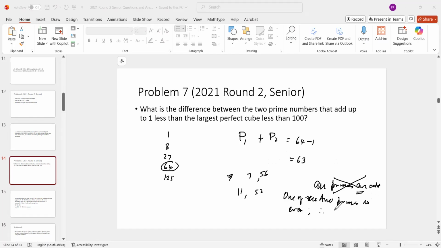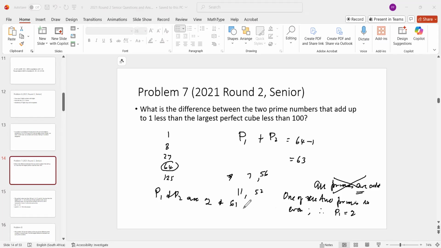Therefore, that number must be P1, must be 2. That's the only even prime number. So your numbers P1 and P2 are 2, one of them is 2. The other one is 61. Okay, that's fine because that's a prime number.